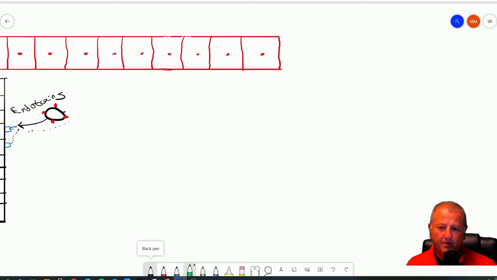What I'm going to draw out next is a mast cell. So we have our mast cell here, and our mast cell has receptors on it.